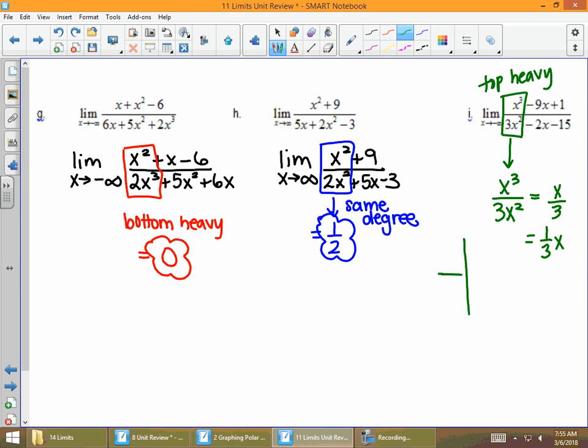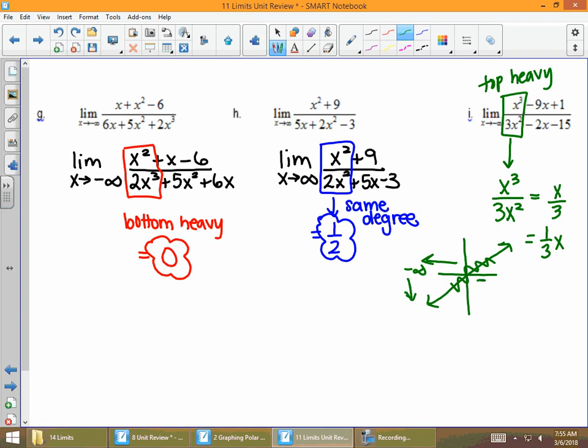And this 1/3 x is a line with a positive slope. So 1/3 x, you would go up 1, right 3, if you're being a good little Algebra 1 student and graphing your line. Again, we don't care what's happening in the middle, but I know as my x's get really, really small towards negative infinity, my y's are getting really, really small.